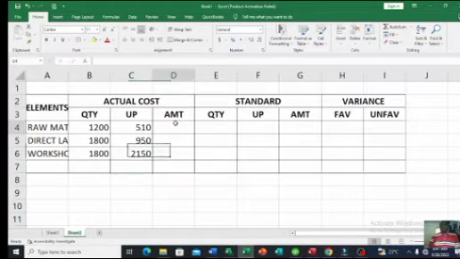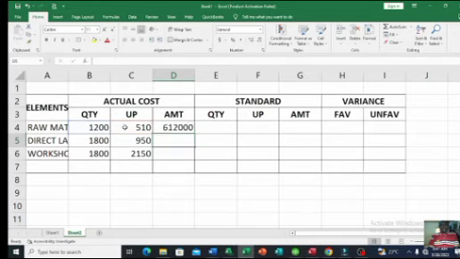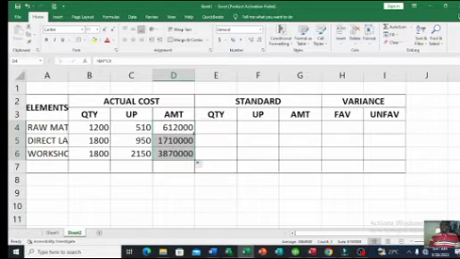Now to know the amount, we apply the normal calculation. Please punch on your calculator to confirm. You take the quantity that was used and multiply by the unit price. You have that. With this I can just autofill, and you see the other ones appear automatically.